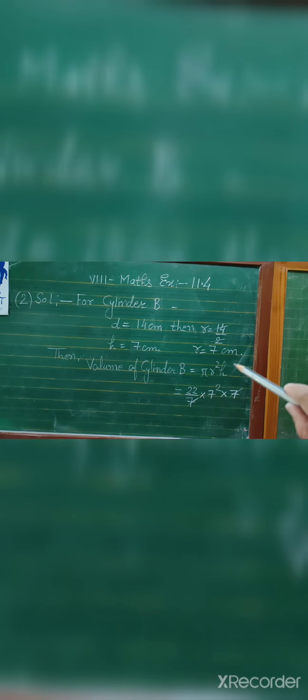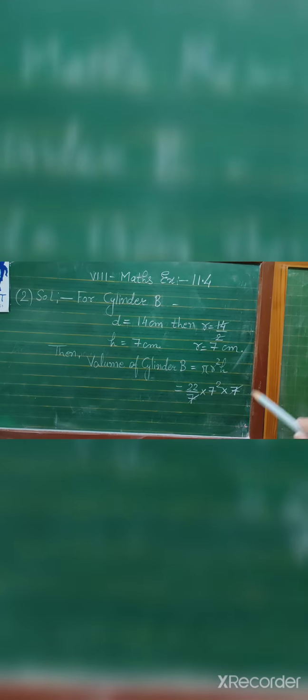Now for cylinder B, you can see D equals 14 centimeter, then r will be D by 2, 14 by 2, so 7 centimeter, and height is given as 7 centimeter. Then volume of cylinder B is equal to pi r square h, 22 by 7 the value of pi, 7 square into h, 7 cancels by 7, so 22 into 7 into 7. That means you will get 1078 cubic centimeter.